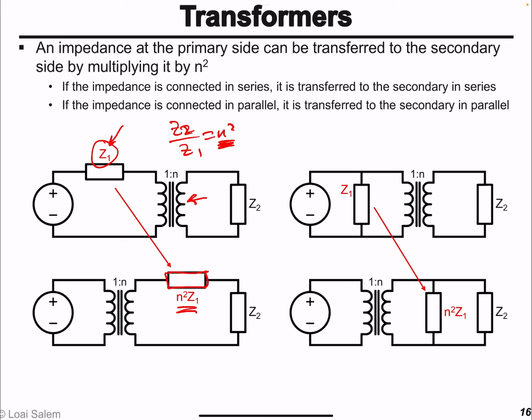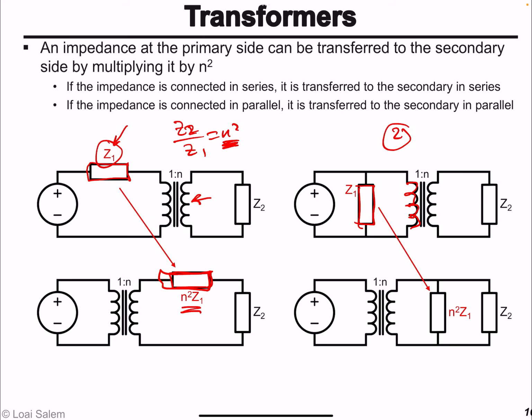And since it's in series with the primary, it has to be connected in series with the secondary. On the other hand, for case 2, Z1 is on the primary side but connected in parallel with the primary coil. So when we move it to the secondary side, we should connect it in parallel with the secondary coil, and of course its value is the same, N squared times Z1.